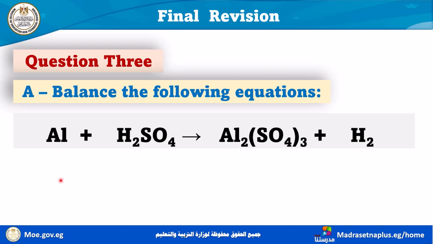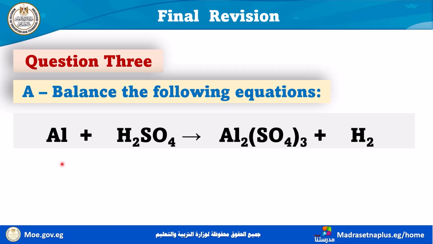So this is the reaction between aluminum and sulfuric acid, and the products are aluminum sulfate and hydrogen gas. Let's balance this equation. To balance the equation, as we mentioned before, each atom of each element must have the same number before and after the reaction.